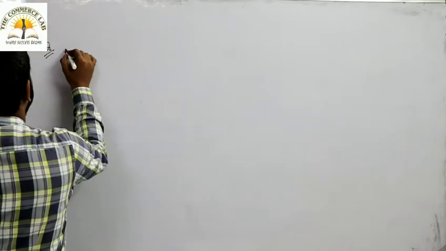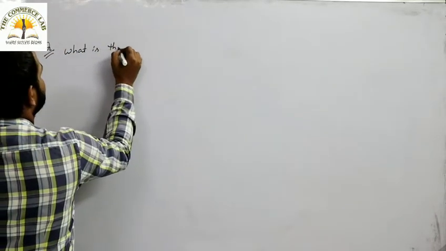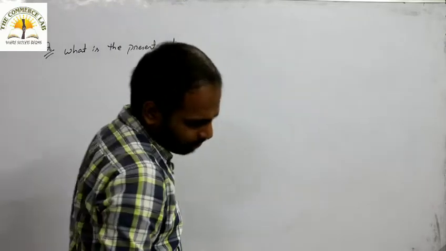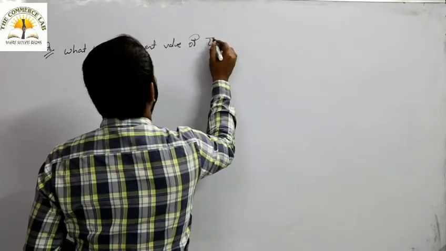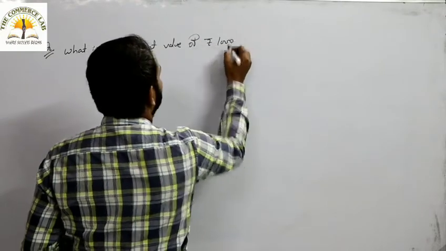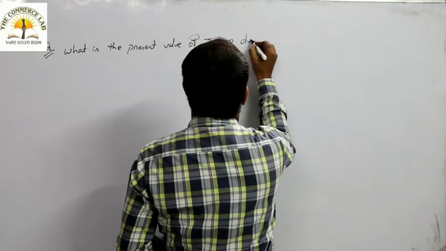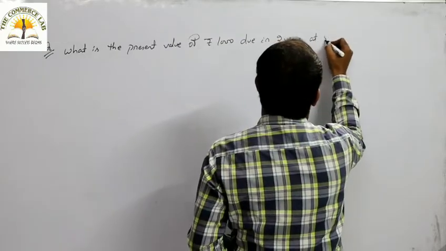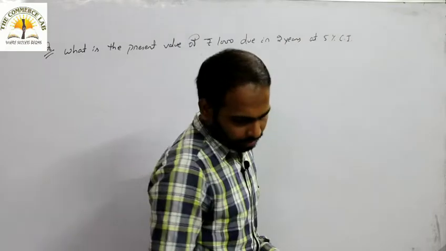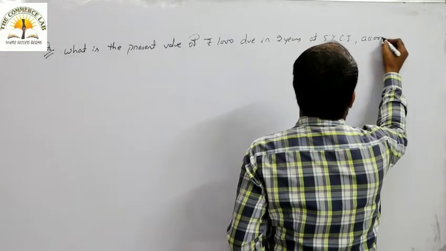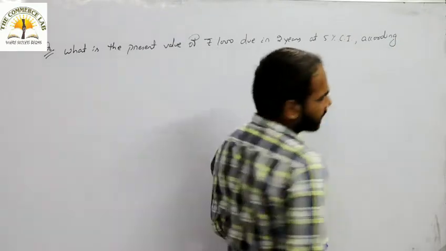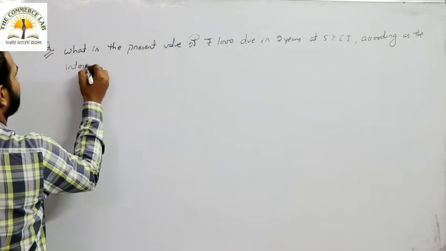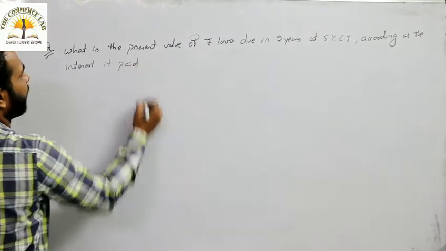What is the present value of 1000 rupees due in 2 years at 5% compound interest, according as the interest is paid yearly or half yearly.